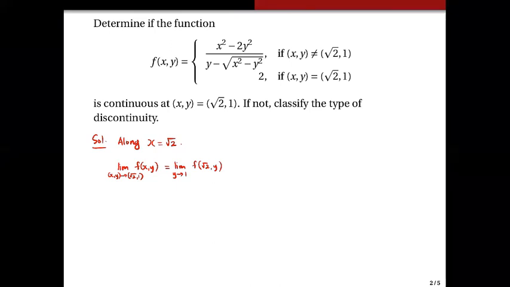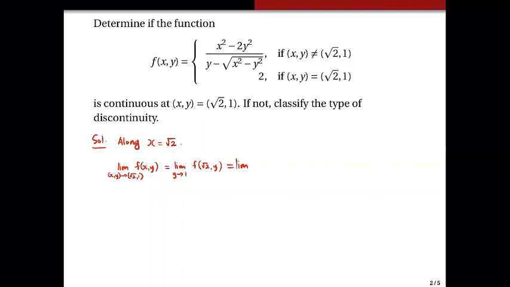Now, since y is just approaching 1 and may not be equal to 1, in fact we don't want y to be equal to 1, it means the point (square root of 2, y) still satisfies this condition here. So for this expression, we will replace our x with square root of 2.